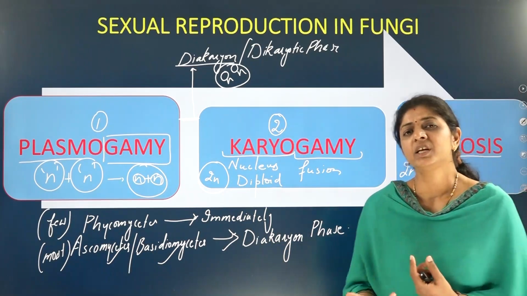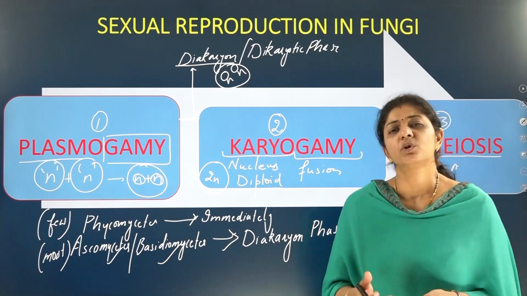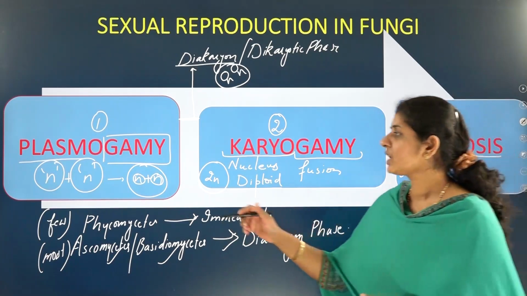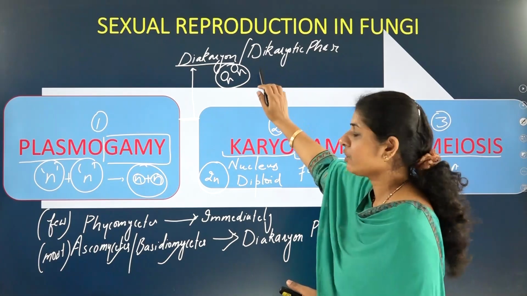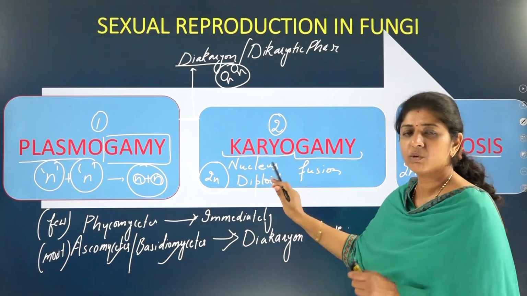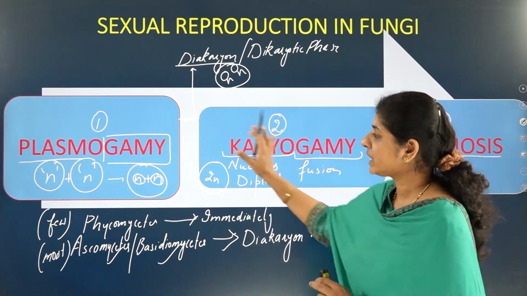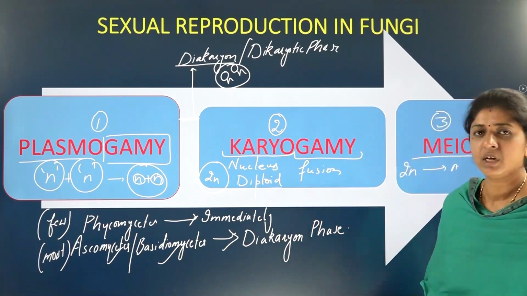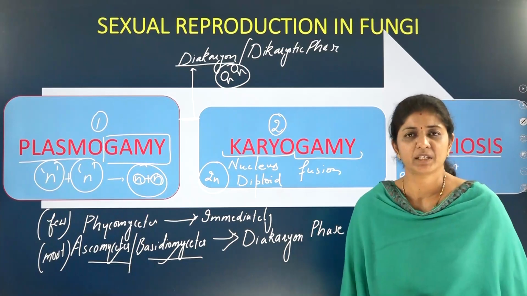If they are not mentioning Asco and Basidio, but say most fungi show which stages, then your answer should be plasmogamy, dikaryotic phase or dikaryon phase. After that, no doubt karyogamy will happen, but it will be delayed. It does not happen immediately after plasmogamy. After that comes meiosis. This is all happening for Ascomycetes and Basidiomycetes.